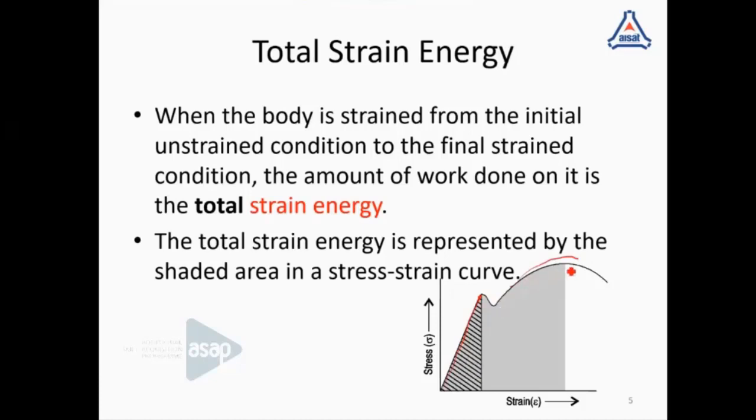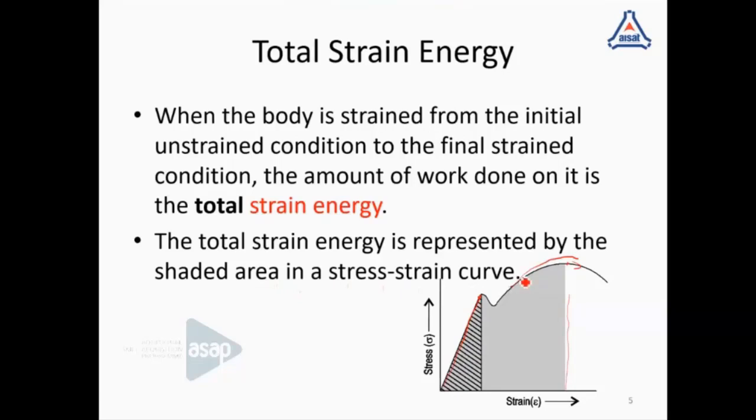After this point, the material fails. And up to this point, we consider the total strain energy. Total strain energy is represented by the shaded area under the stress strain curve.